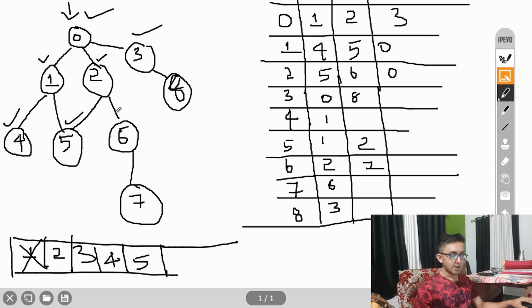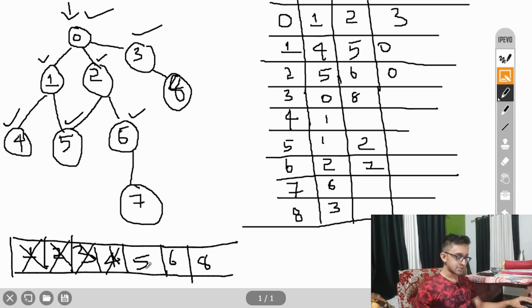Next we pop the front element of the queue, 2, and push the adjacent element of 2, which is 6. We continue with this process. We take out 3 and add 8 to the queue. We take out 4. There are no more elements in the adjacency list of 4, and we have already seen 1.